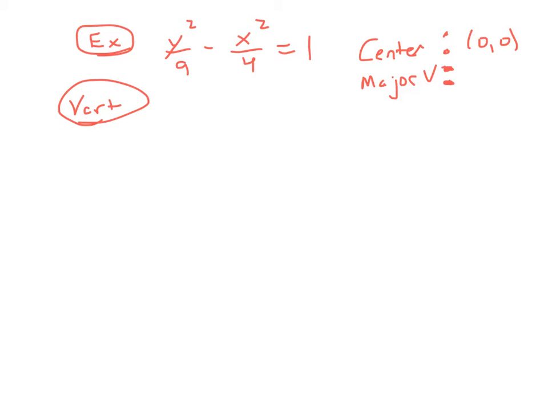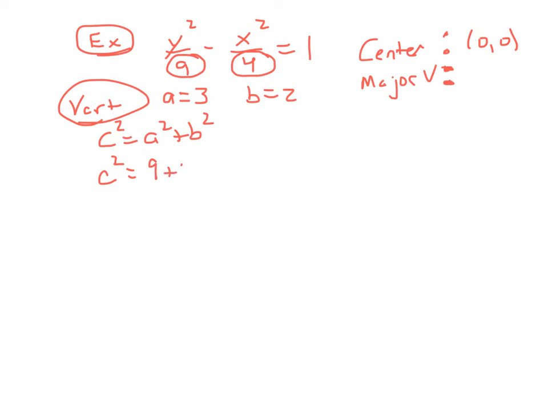I need to find what a and b are. a is 3, b is 2, and in a hyperbola, your first denominator is always a squared, your second denominator is always b squared. And I should go ahead and find c. For a hyperbola, c squared is a squared plus b squared. So c squared is going to be 9 plus 4, which is 13. So c is going to be the square root of 13.